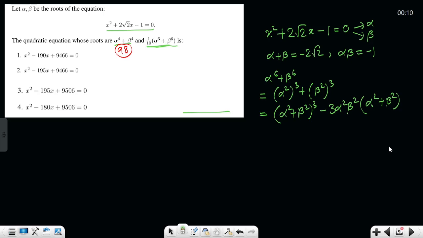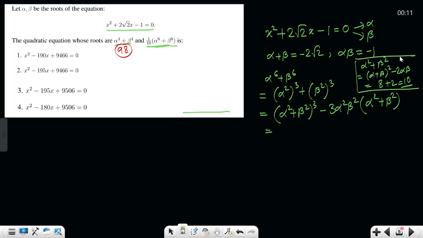Now, if we find the alpha square plus beta square value separately, that will be easier. So it is alpha plus beta whole square minus 2 alpha beta. Alpha plus beta is equal to minus 2 root 2, root 2 whole square is 8, minus. So here it is alpha beta, so it will be plus 2, equal to 10. We will put the value of alpha square plus beta square here.